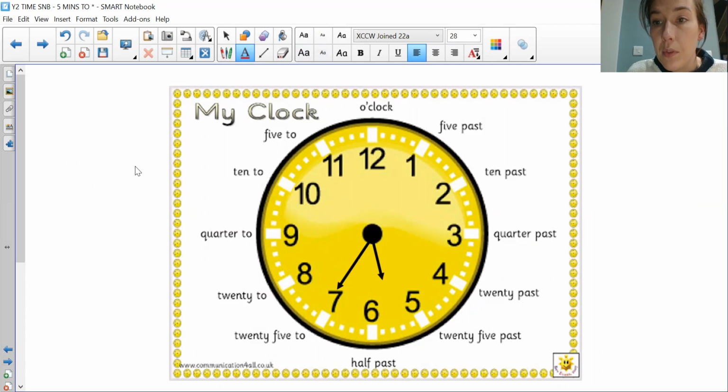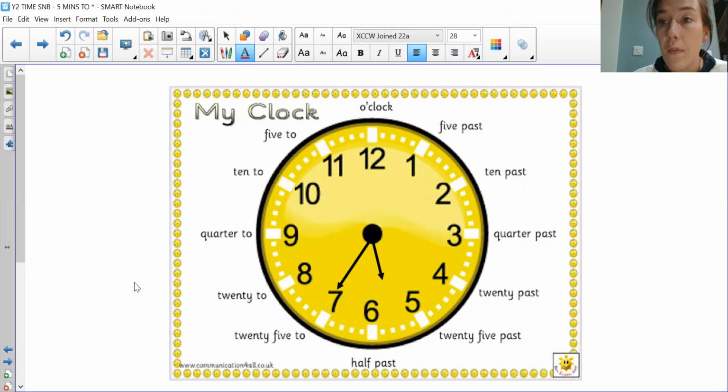Do a good few examples together. Right, this time, like I said before, that hour hand's not reached the 6 yet. It's on its way, but it's not yet got to it. And then we have our lanky long minute hand pointing to the 7, which is 25 minutes to. So if we look, we've got 5, 10, 15, 20, 25.